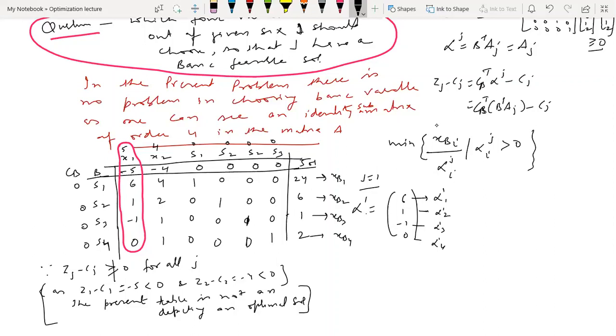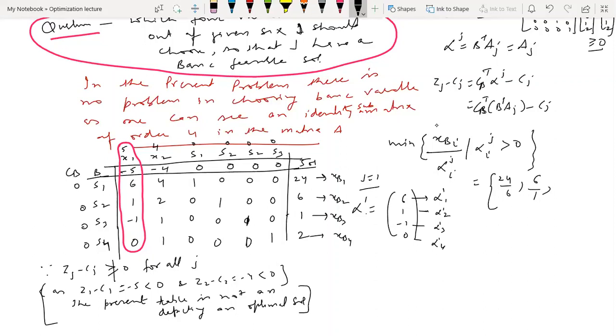Okay. So when I'm calculating this ratio, I'm calculating xb1 upon alpha 11. So what does this ratio come out to be? xb1 divided by alpha 11 is 24 by 6, and then 6 by 1. Then because alpha 13 is negative, I am not taking it into account, because my condition is that I have to take strictly positive numbers.